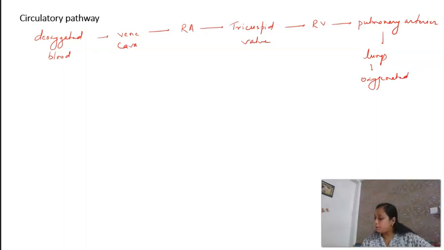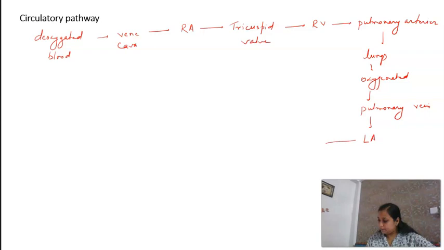and the pure form of blood will reach the heart again by the help of which vein? The pulmonary vein. And where will it reach? It will reach the left auricle.